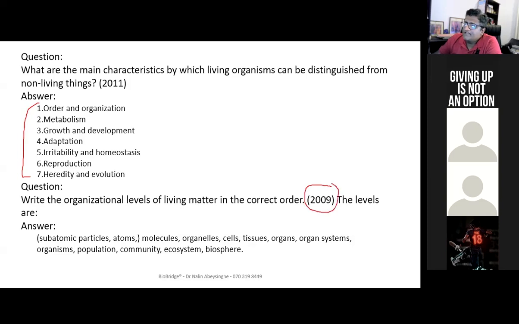I specifically mentioned the year 2009. In the answer scheme then, these 2 items were there, but now they are not considered in the hierarchical system. They wanted you to put subatomic particles and atoms. But from 2017 onwards, they are looking for molecules upwards.